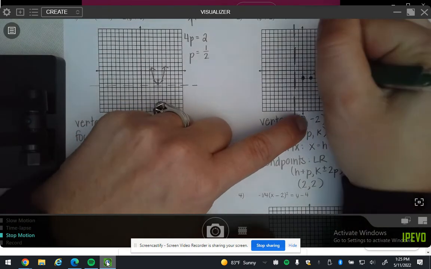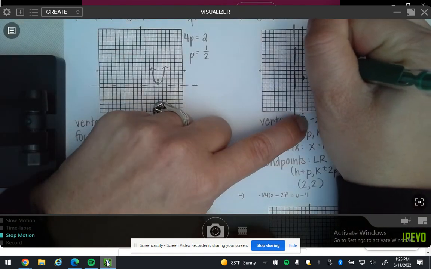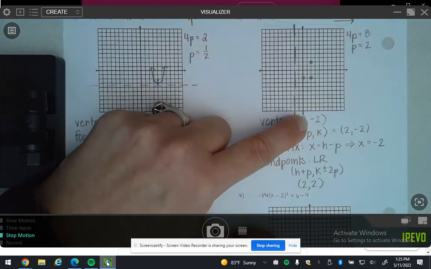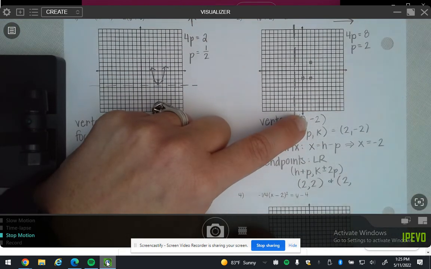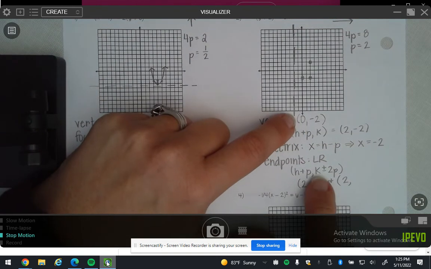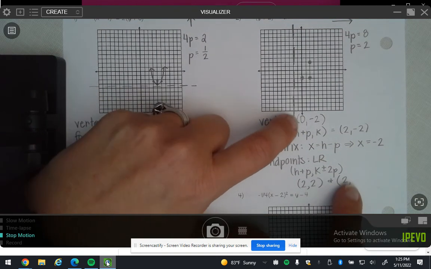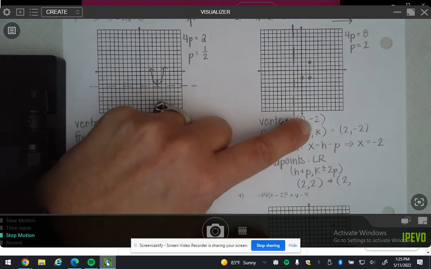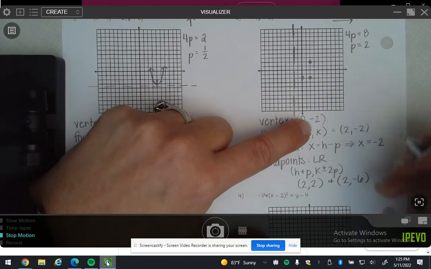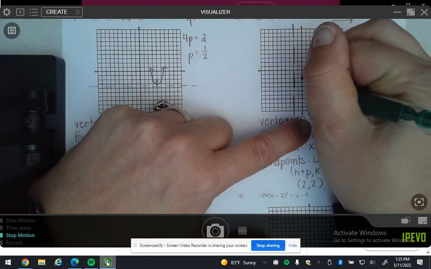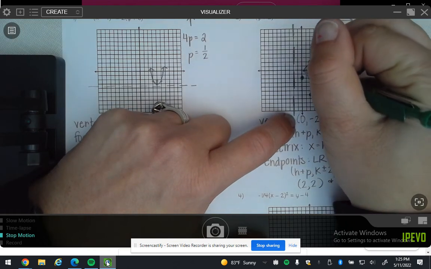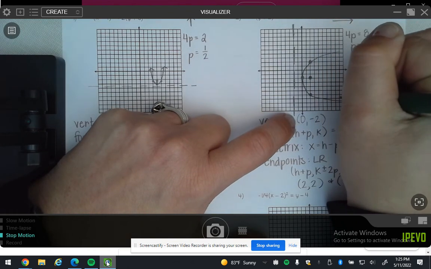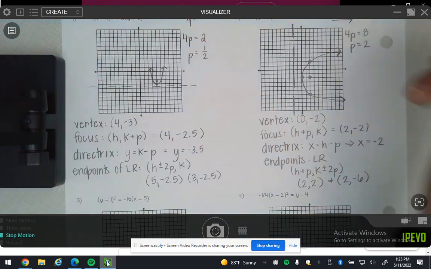There's your first one. And then you have H plus P again, which is 2, comma, K minus 2P. So now it's negative 2 minus 4, which is negative 6. It's going to wrap like so.